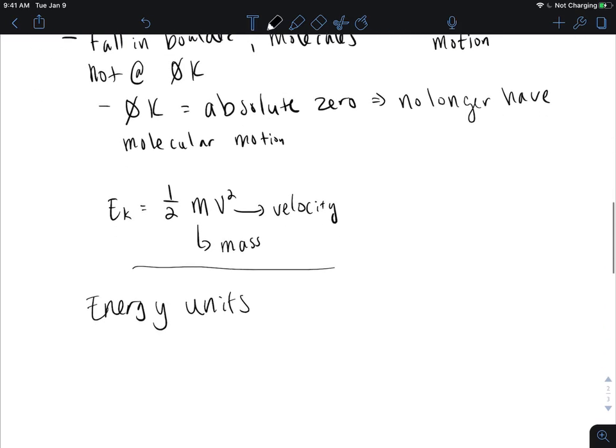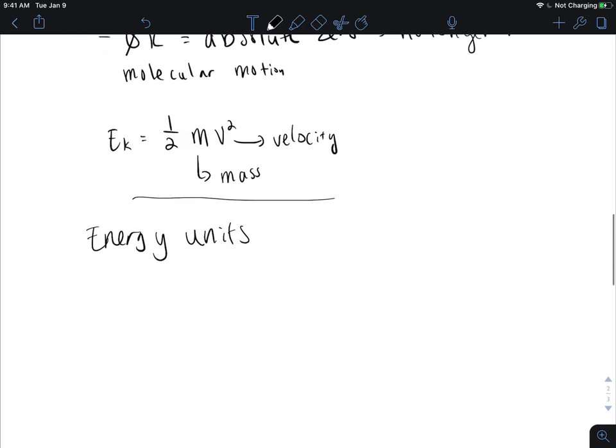We will, however, solve for our kinetic energy using mass and velocity. So most of our energy units are going to be in joules. That's because this is the SI unit for energy.